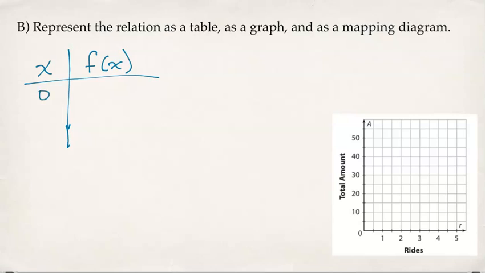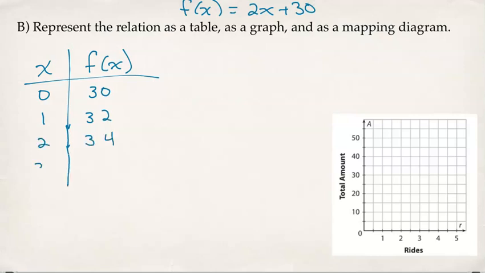If I ride 0 rides, let's remind ourselves what our function was. f of x was 2x plus 30. If I ride 0 rides, I'm still spending $30. If I ride 1 ride, 32, 2 rides, 34, 3 rides, 36, and 4 rides, 38.